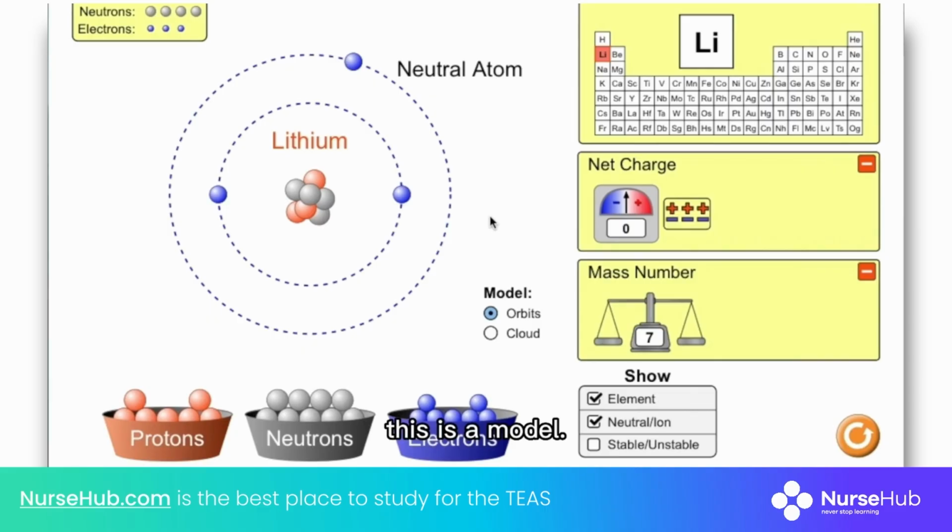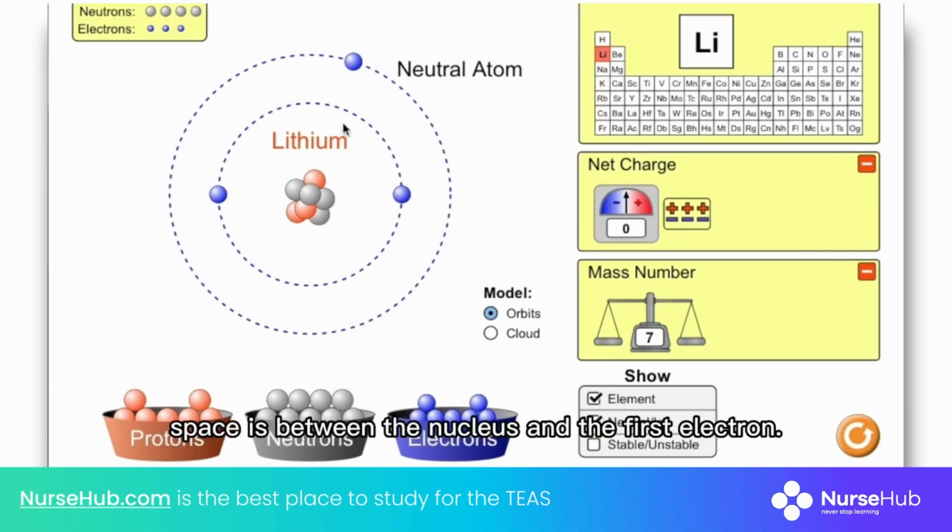Now, I mentioned this is a model, and models are great because they help us visualize, but they also have drawbacks too, such as, in this model, how much space would you say is between the nucleus and this first orbital of electrons? Maybe like an inch or two or so. Yeah, that's not a very accurate depiction of how much space is between the nucleus and the first electron.